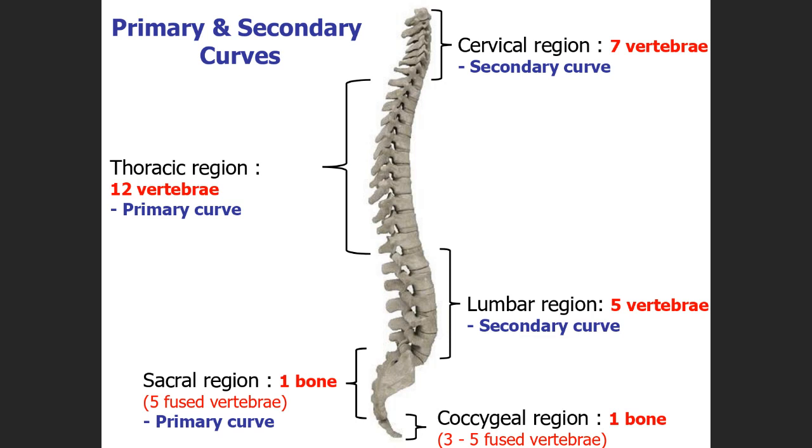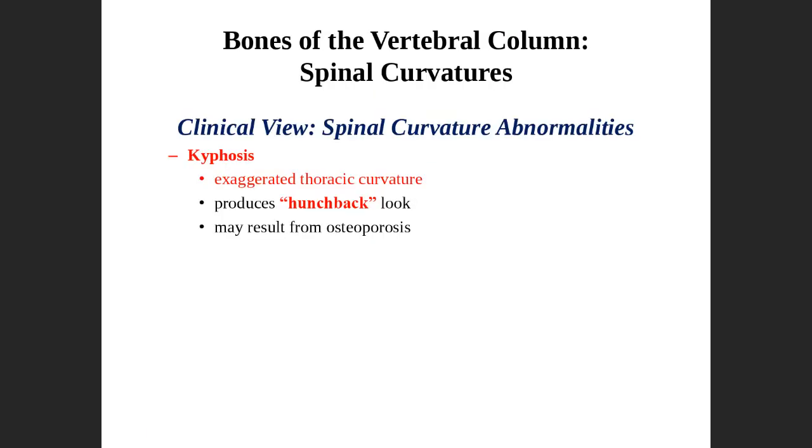Okay, so here are your primary and secondary curves, which leads me into spinal curve abnormalities: scoliosis, lordosis, kyphosis. So this first term here is kyphosis. This is that old lady that you see that hunches over horribly, and what that is referring to is the thoracic curvature.